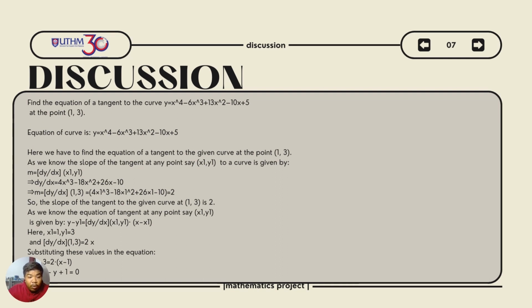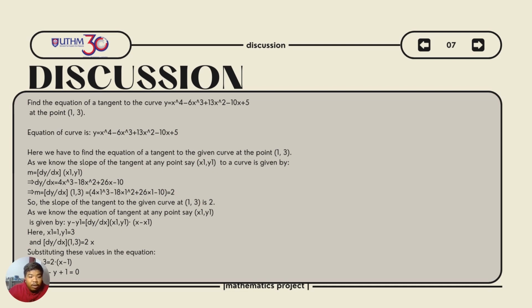The equation of the tangent at any point (x1, y1) is given by y subtract y1 equals dy over dx at (x1, y1) times x subtract x1.